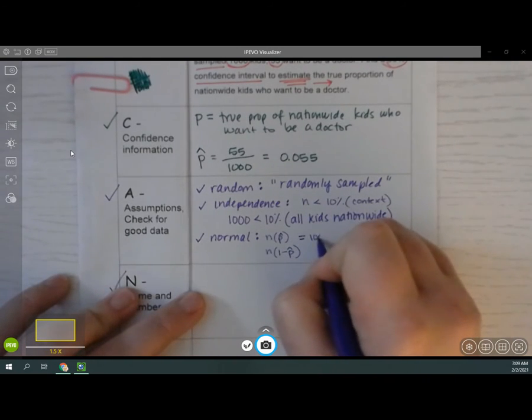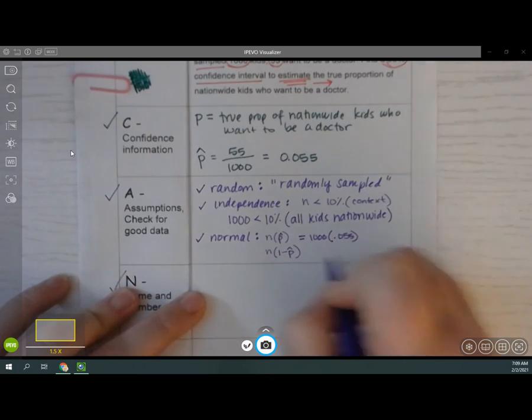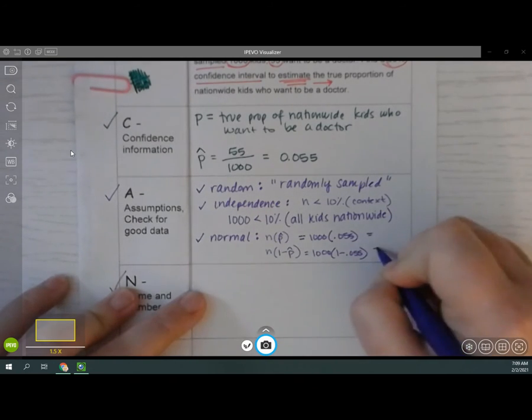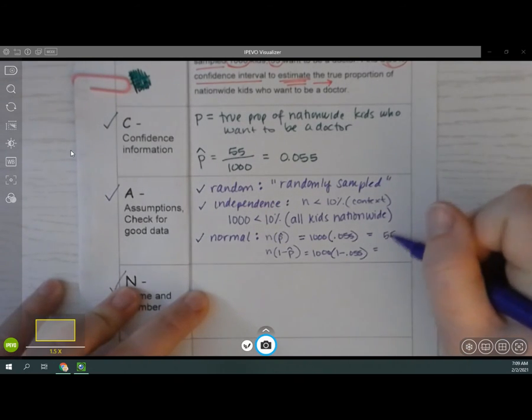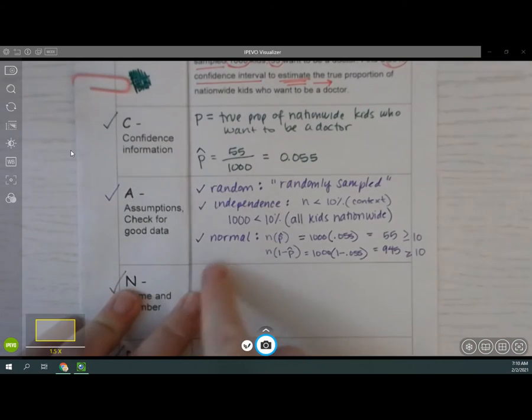This gives me 1,000 times 0.055, and this gives me 1,000 times 1 minus 0.055. Those numbers end up being 55 and 945. And the great thing is that both those numbers are bigger than 10, which is what we need it to be to verify it's normal.